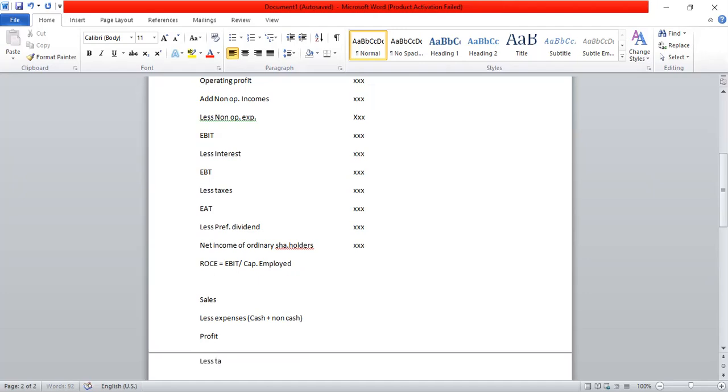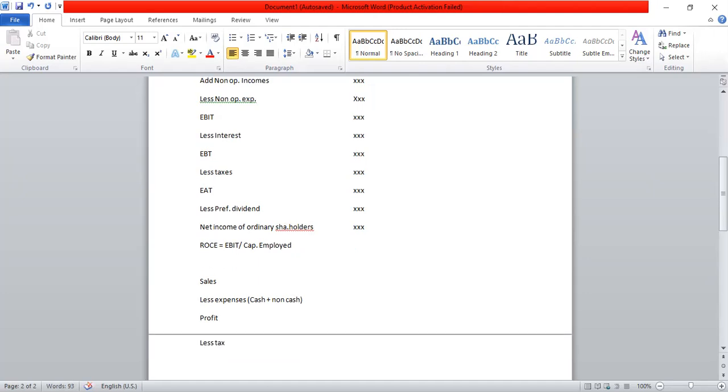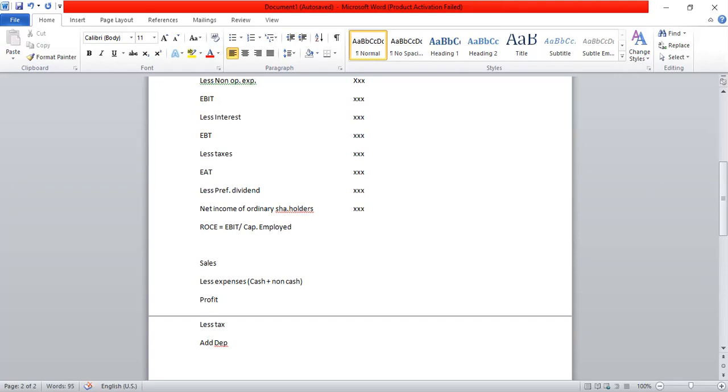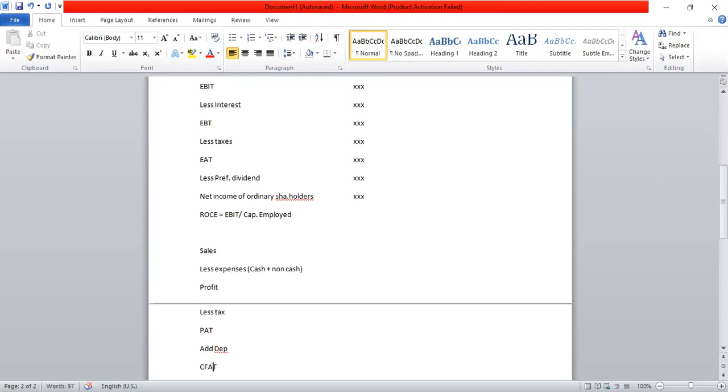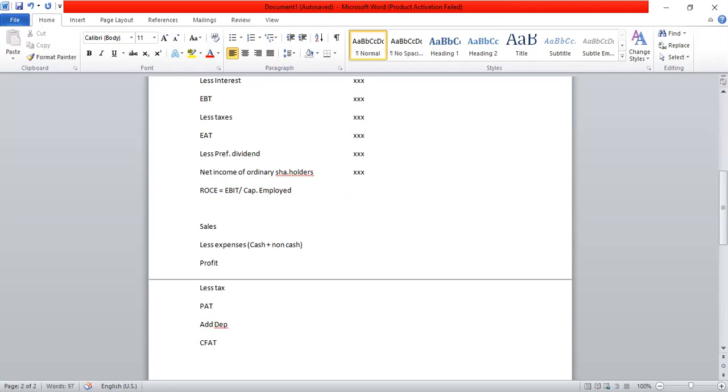Less tax gives profit after tax. Because depreciation is a non-cash transaction, add back depreciation, and then that is called cash flow after tax. So the ROCE, or what we call ARR, is equal to profit after tax divided by the average investment.